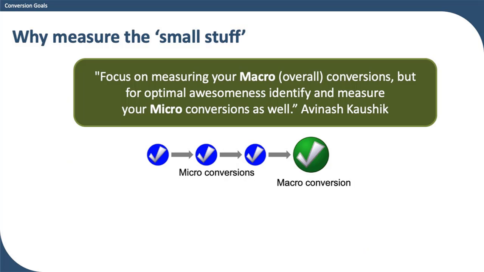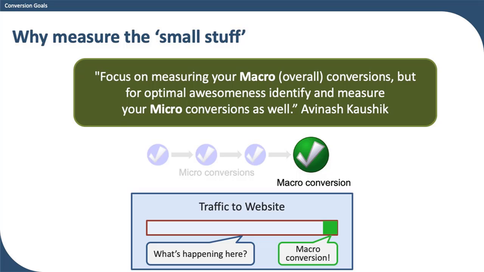And according to analytics guru Avinash Kaushik, focus on measuring your macro conversions, but for optimal awesomeness, identify and measure your micro conversions as well. To expand further, conversions are sometimes measured like this, where just macro goals are measured.